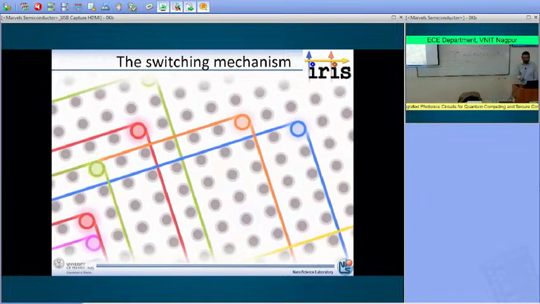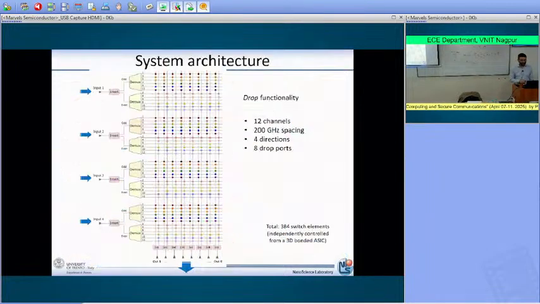But then you have to implement this system into an architecture. And this is the actual architecture that we have fabricated. Okay? So the architecture is quite complicated. Let me go through each one of these elements step by step.